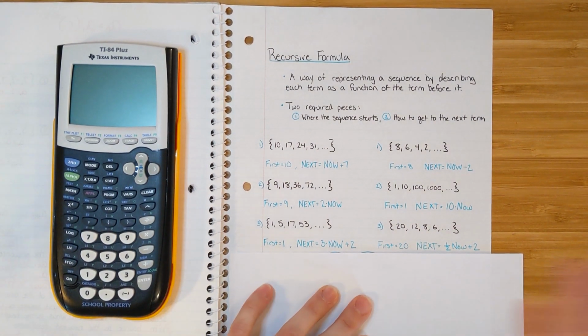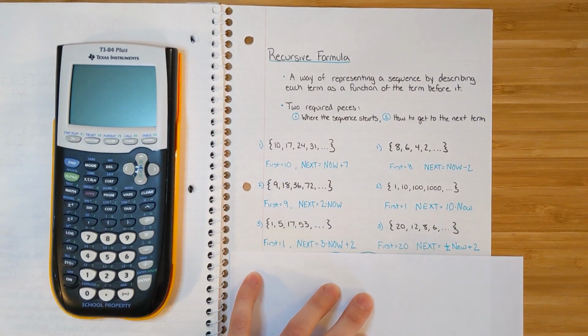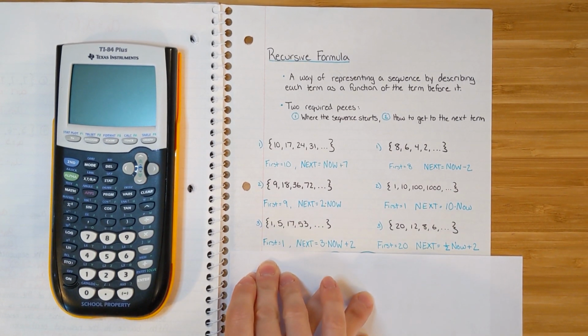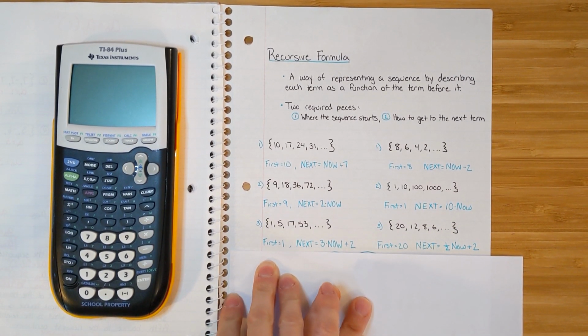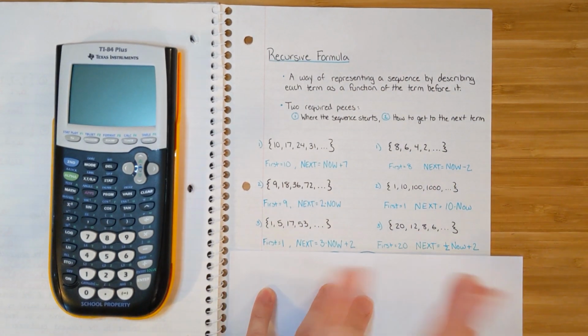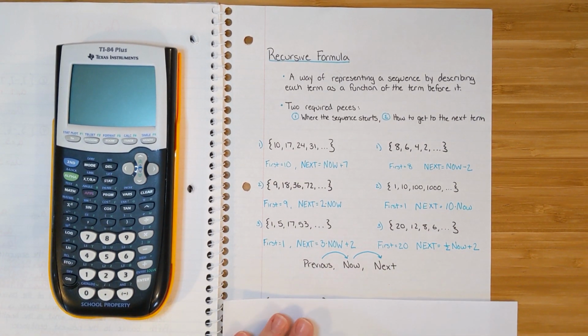Now, unfortunately, mathematicians don't generally use words like next and now. Even the term first is too much. The beautiful thing about mathematics is it's the same across every language, and not every country uses words like first, next, and now. So we have mathematical terms to represent words.